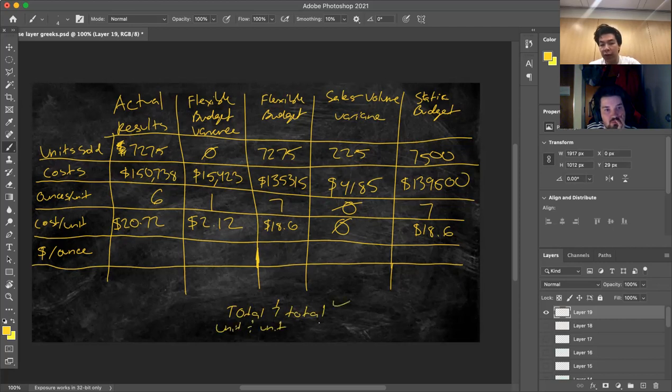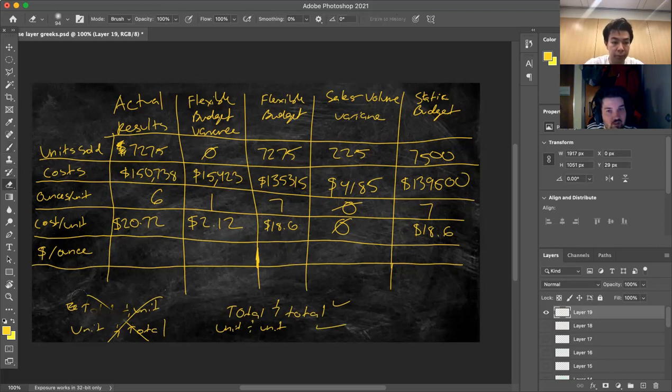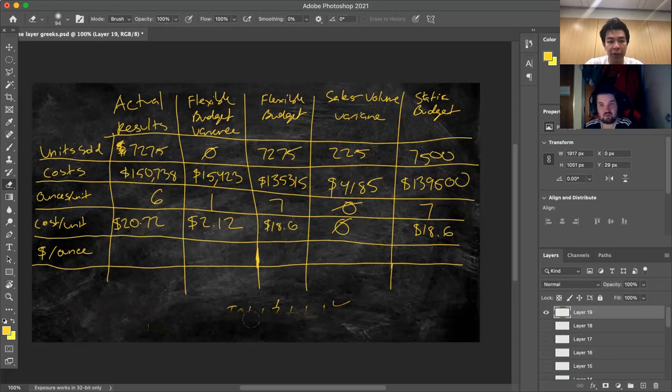Those are fine, but we can never do total divided by unit or unit divided by total, because they're different things. So you can't do those, and that's what you're doing right now. Would you do the 20 divided by 6? Yep, that works. The 20.72 divided by 6, that works really well.